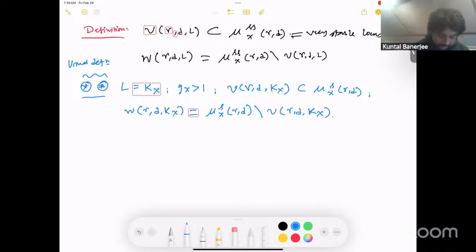Sometimes they fix the determinant and consider this fixed determinant very stable locus.